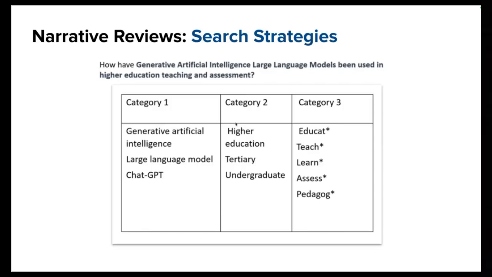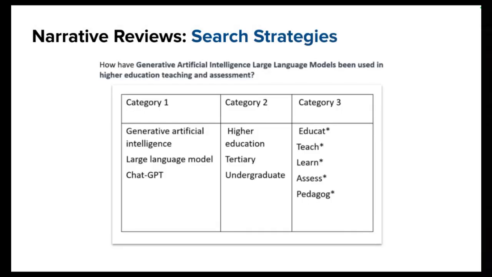We'll talk about something called search strings, which is effectively going across the columns and weaving them together to create an even more powerful search query. So something that you would put into the search line of the database to say, here is exactly the type of information or research that I want you to retrieve for me.